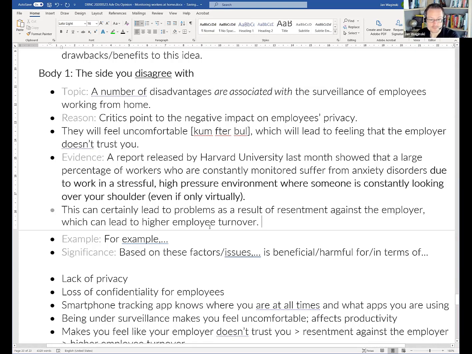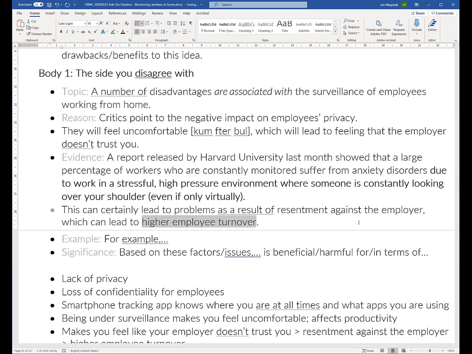Okay, and why is high employee turnover bad? Because the people will resign. Okay, what's the next idea that follows from that? So what? They resign and? Also, it will affect the company productivity. Yeah, because they have to find someone new and then train them, right?